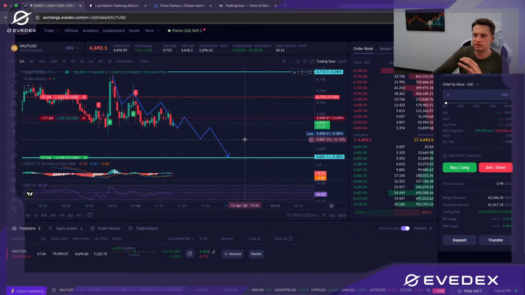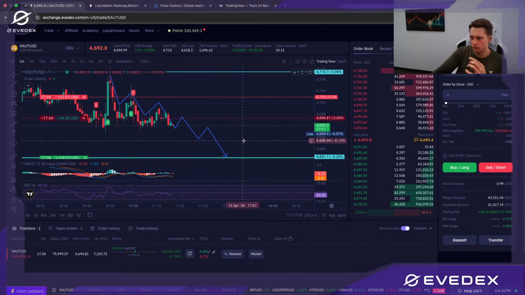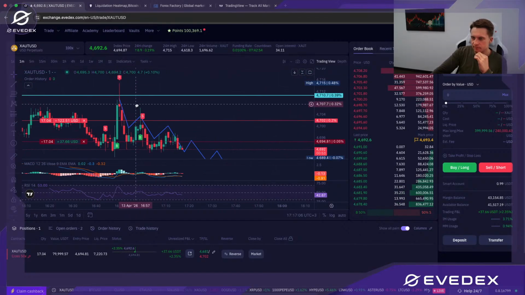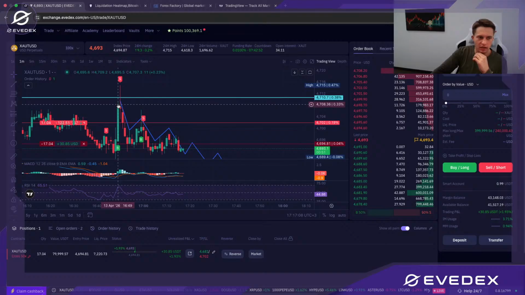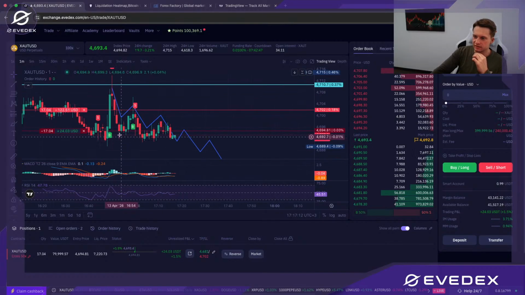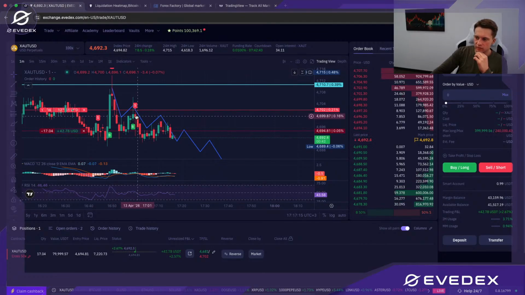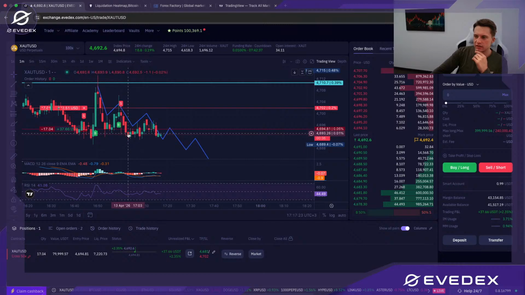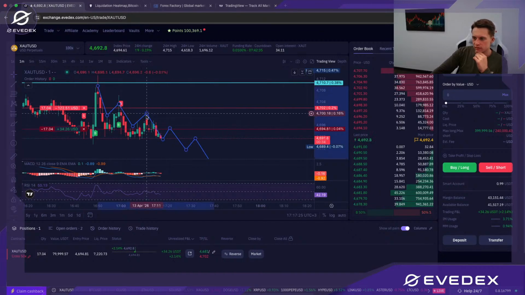We did have a relatively fast move to the downside. As you can see, we peaked, we came through for a false break, and then we came down pretty fast. Came up slightly to form that second peak, and then we came down ever so slightly, and now we've been consolidating for quite a while.